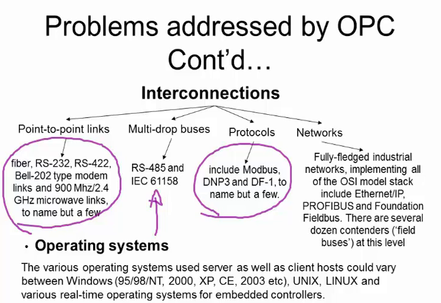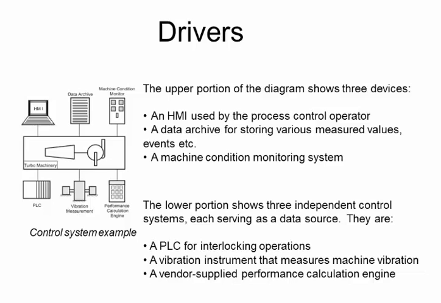We've got all sorts of different networks: Ethernet, Profibus, Foundation, dozens and dozens of field buses. And there is a huge number of different operating systems at the server side, which vary massively. So again, a huge landscape with many different protocols and connections in the industrial communication landscape.